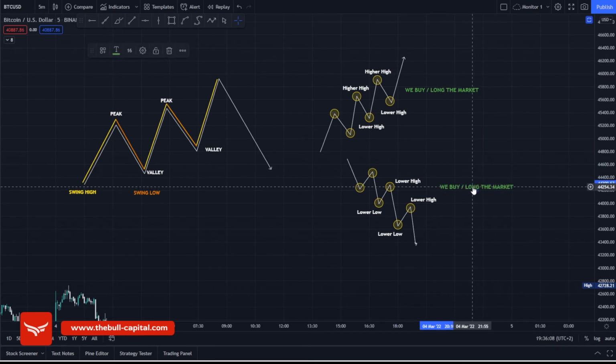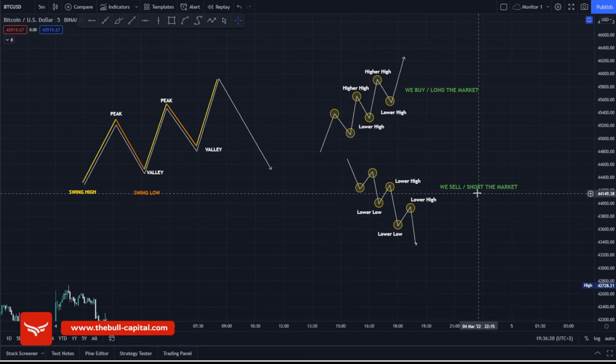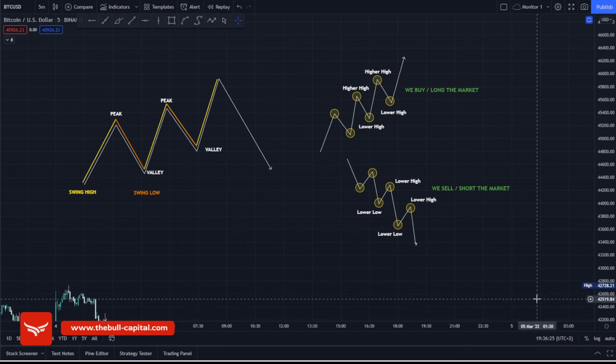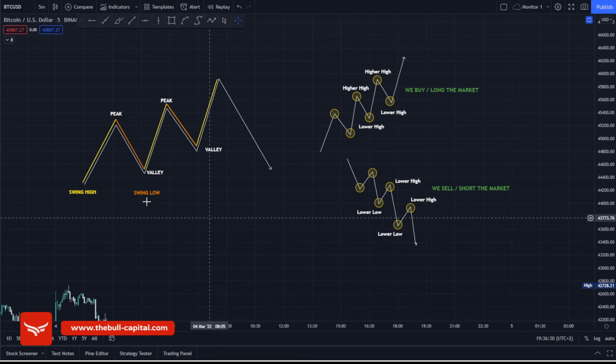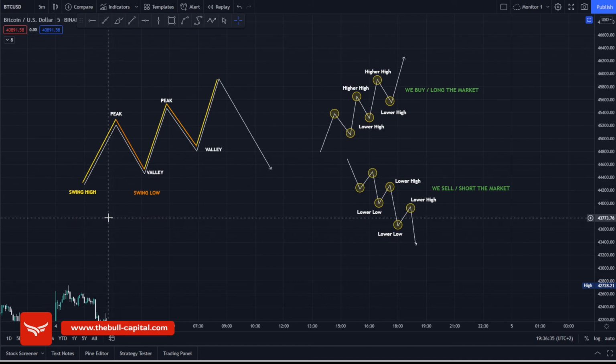And here we sell and short the market. So these are the basic concepts. A swing high is the one that starts from a lower price and ends at a higher price.